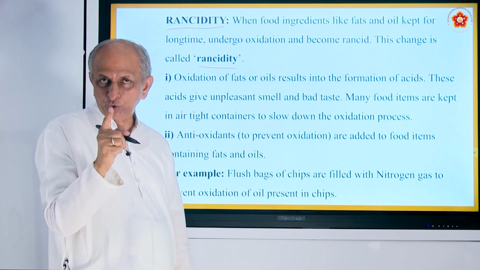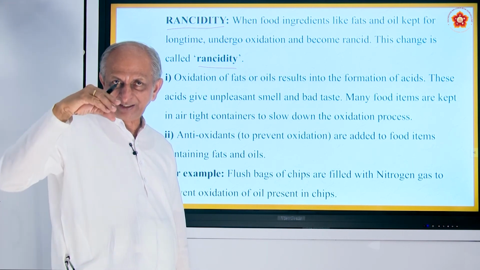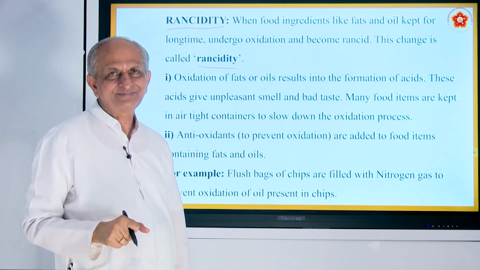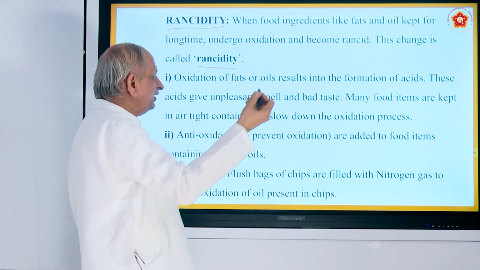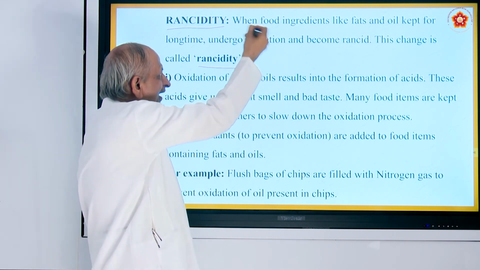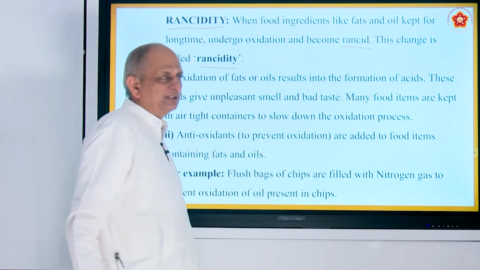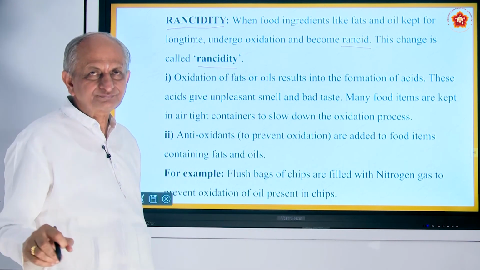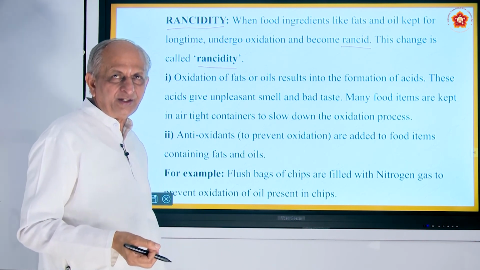Of course, that is why the oil or the ghee, the dalda and all, the lids must be tightly packed, because if it is loosely capped, oxygen will go inside and the substance becomes rancid. There will be a bad smell coming, especially in the case of oil or ghee or dalda.